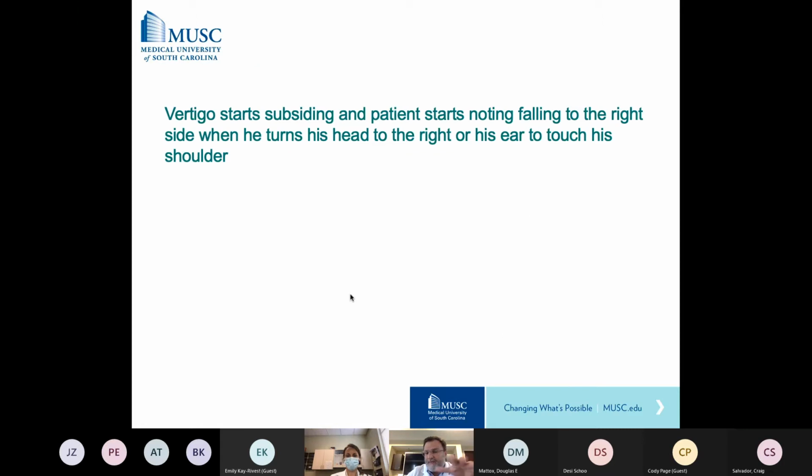Vertigo started subsiding around day 5, but then the patient started noting falling to the right side whenever he turned his head to the right or his ear to touch his shoulder. So basically the sensation that some of the patients might come and declare to you, I feel like I'm falling. And that sensation of falling is a purely otolithic sensation. This is related to the loss of vestibulospinal reflex afferentation.